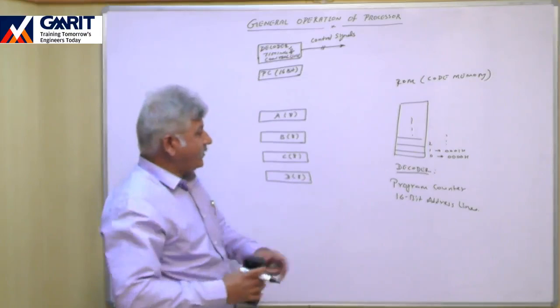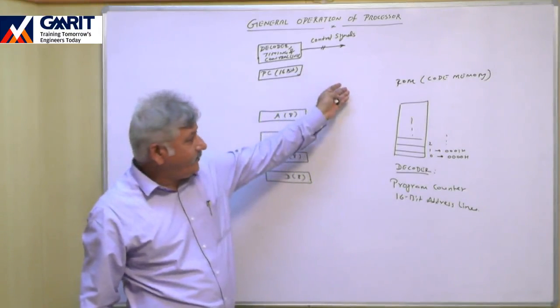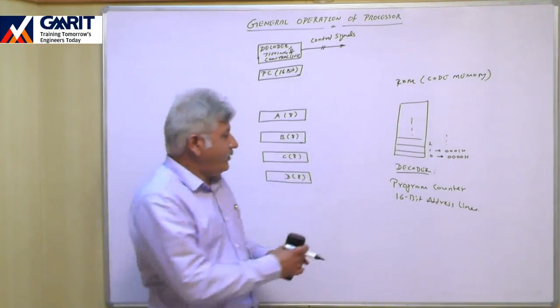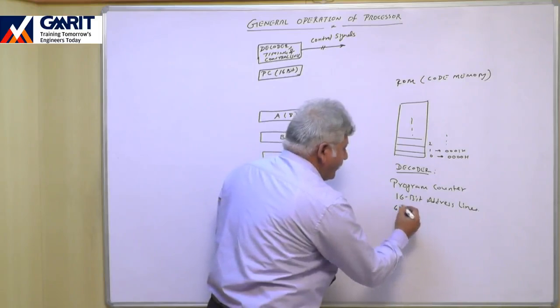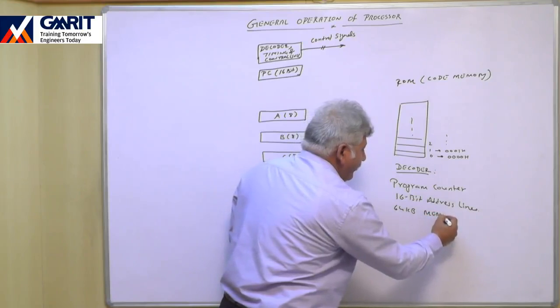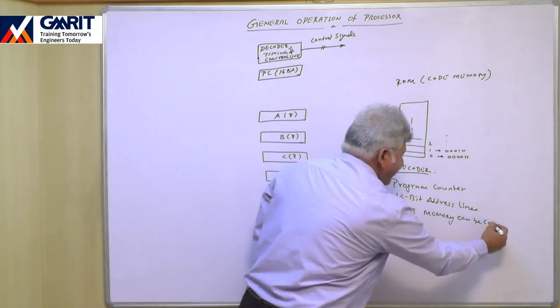If it has 16-bit address lines, then we can connect a memory of maximum 64 KB here. 64 KB of memory can be connected.